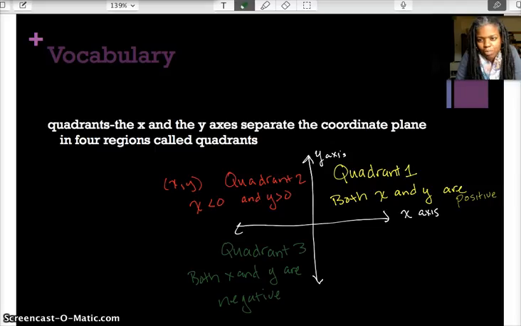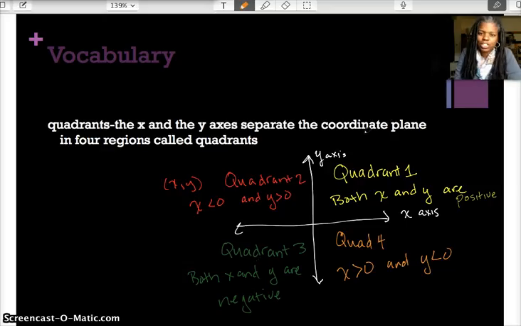I think you guys probably got this already, but I'm going to state it anyway. What we realize in the fourth quadrant, quad 4, is that the x values are greater than 0, meaning positive, and the y values are less than 0. So you notice that each quadrant has its own flavor, its own type of ordered pair, so you want to keep that in mind when you're working.